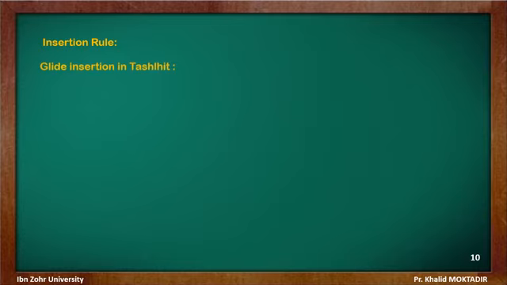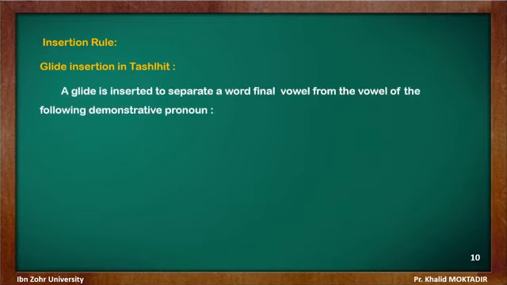We move on to insertion rules. Glide insertion in Tashlhiyt, if you remember, we insert a glide to separate a word's final vowel from the vowel of the following demonstrative pronoun.